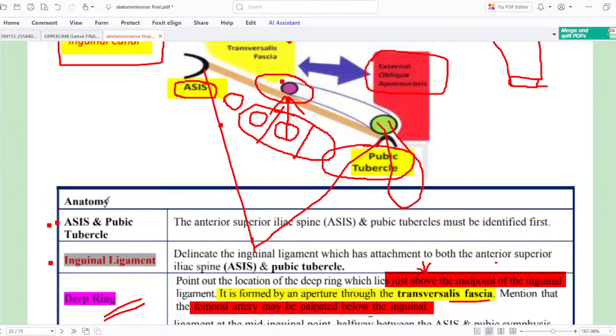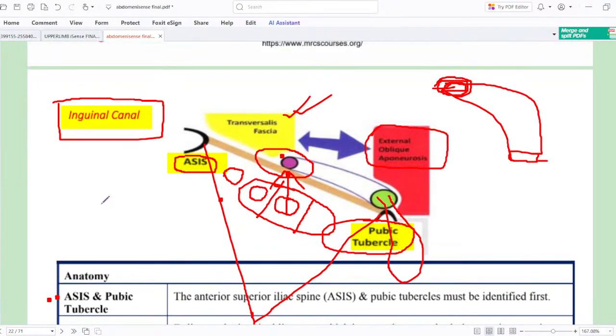What is a canal? A canal is for structures to pass through it. Yes, it is a tube-like structure, like a water canal or tunnel. So it has an anterior wall, a posterior wall, a basement or floor, and a roof like a covering.